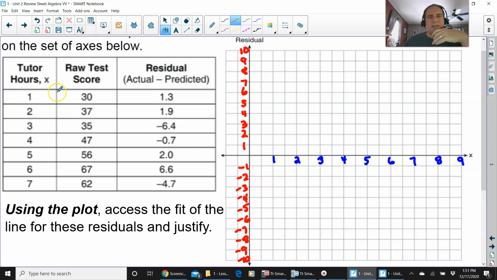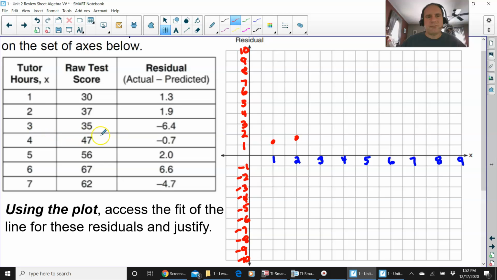All right, so now when you plot in a residual plot, you're taking the x and the residual. When x is 1, the residual is 1.3, which is right about there. When x is 2, the residual is 1.9, which is right about here.